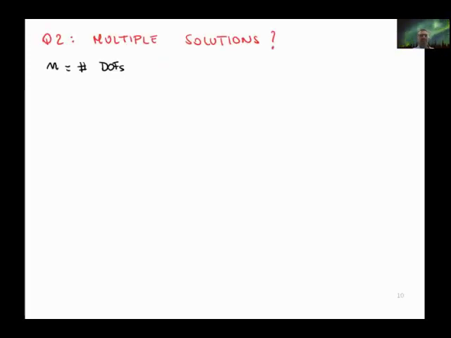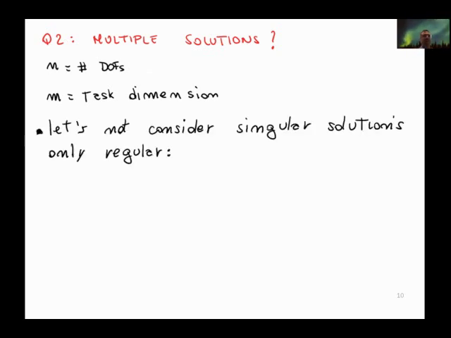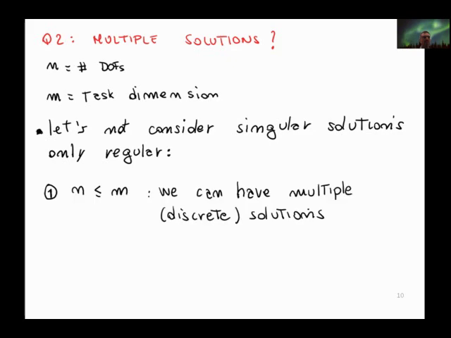So to summarize, if you have n degrees of freedom and the task dimension is m, and we don't consider these singular solutions, for example the one on top of the base joint axis, which is a singular configuration, we consider only the regular ones.